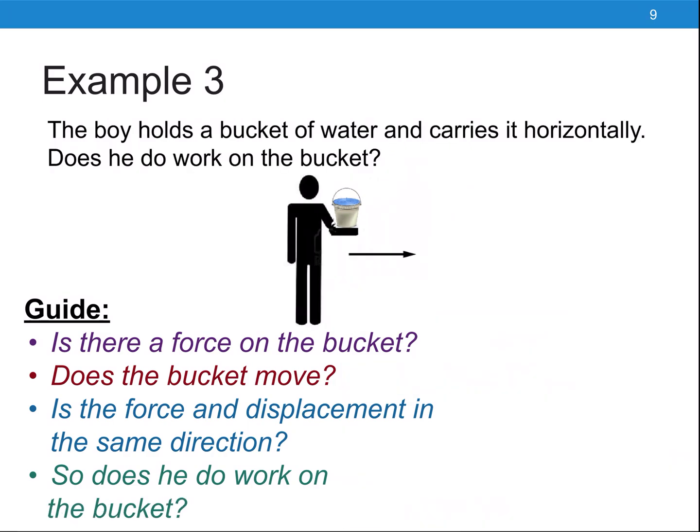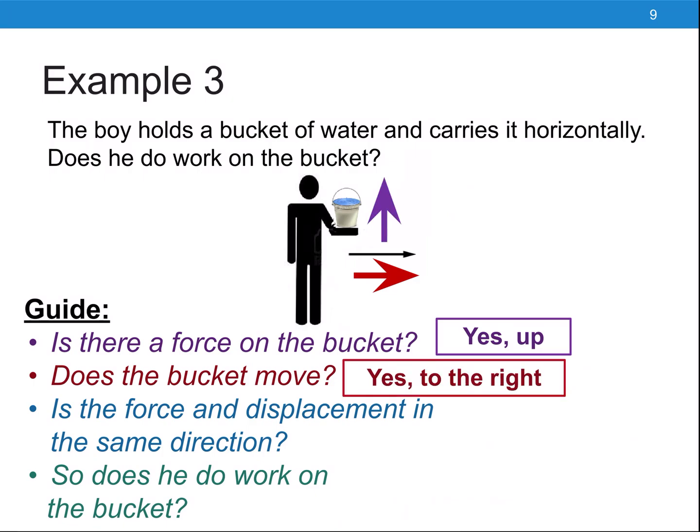Example 3. The boy holds a bucket of water and carries it horizontally. Does he do work on the bucket? Pause the video, answer the questions, press play when you're ready. Okay, is there a force on the bucket? Yes, and my purple and red arrows switched, I guess. There we go.